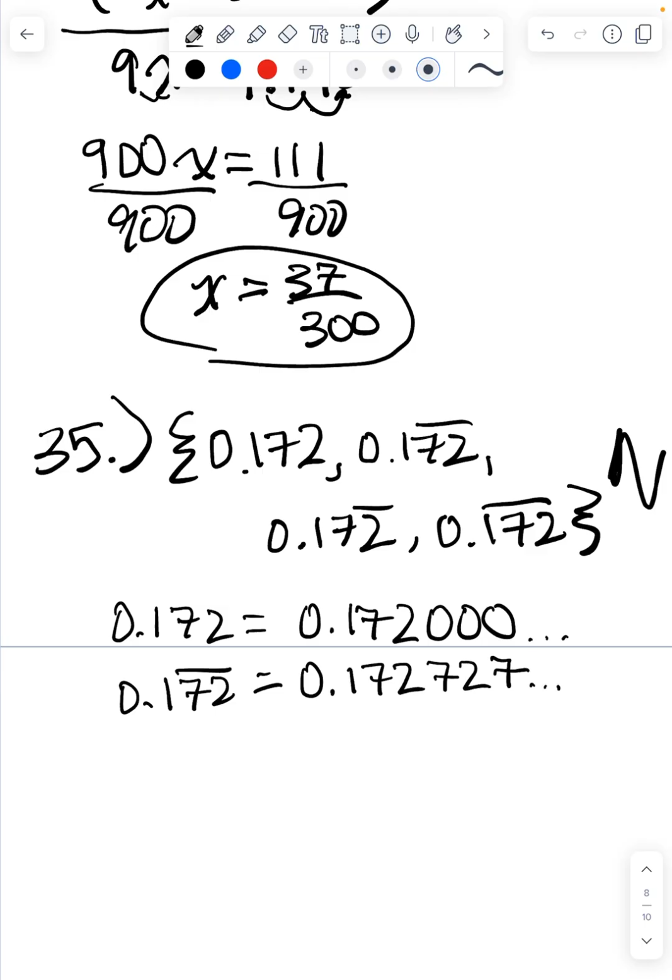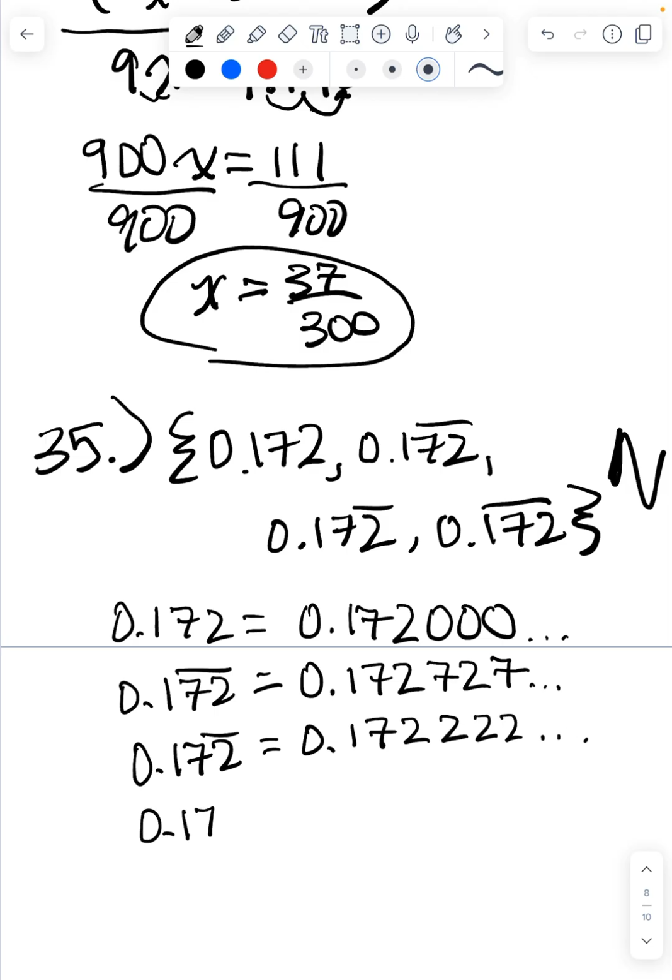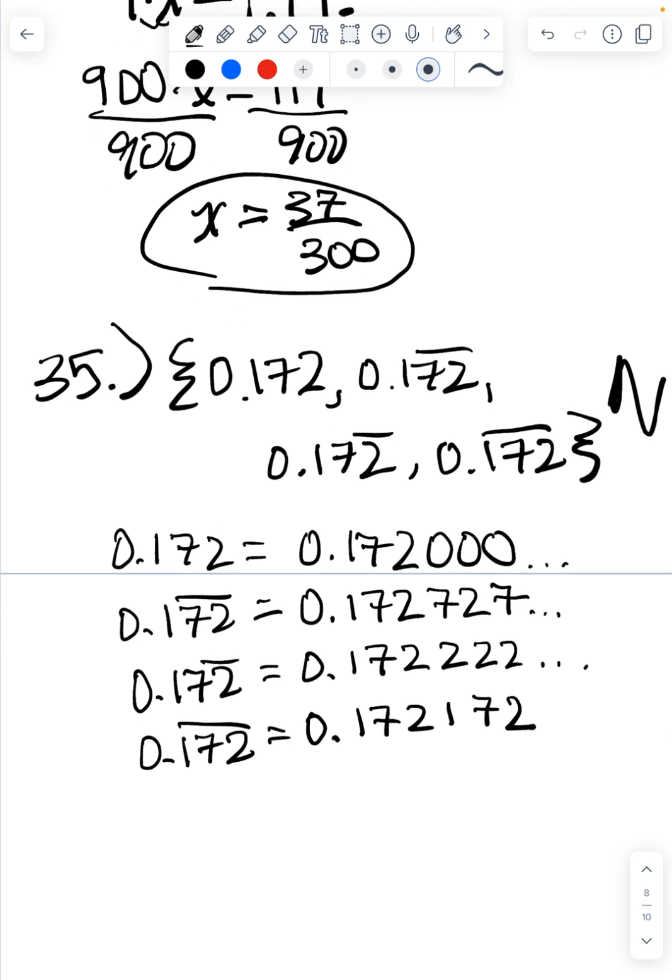And then 0.17 with the 2 repeated is 0.1722222 going on, and 0.172, all of it repeated, 172172. All right, so we've got this row here. We've got 1s, 7s, 2s.